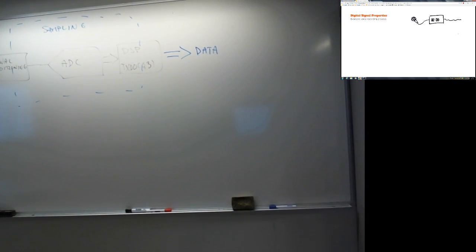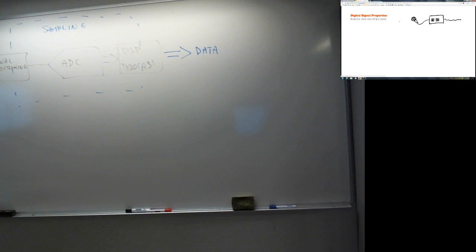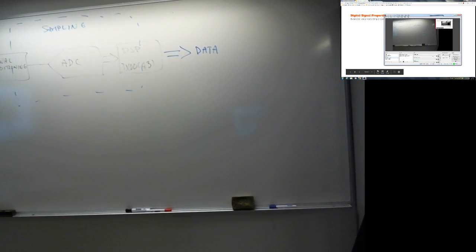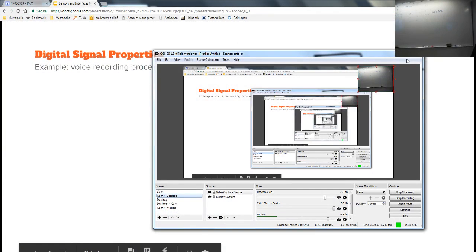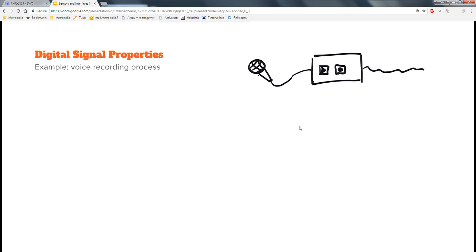Another topic is signal conditioning, what it looks like. Back to the desktop view. For example, how a voice recorder looks for signal conditioning.